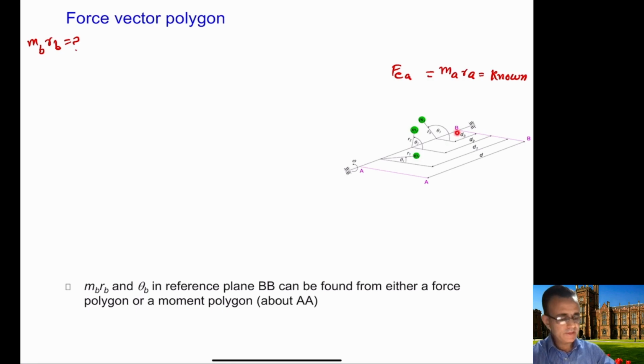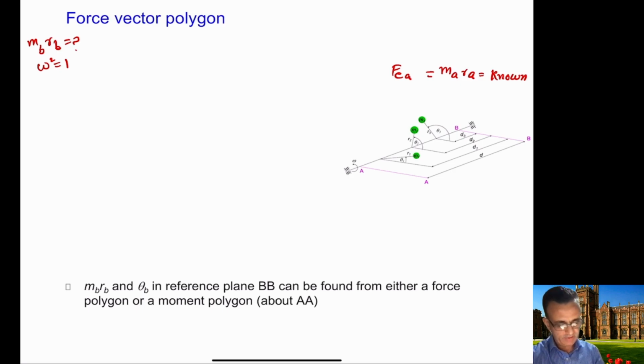So again, for this case, we will use the force vector polygon, not the moment polygon. So now we will be just talking about the forces. Again, we will be working with omega square equal to 1, so everything will be in terms of MR. We will not be using omega square here.